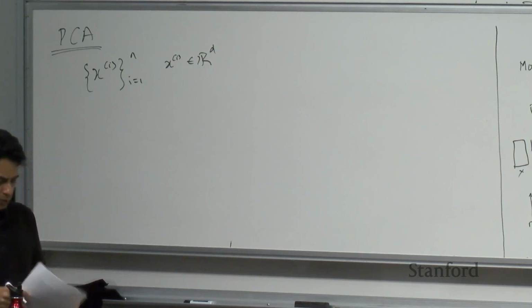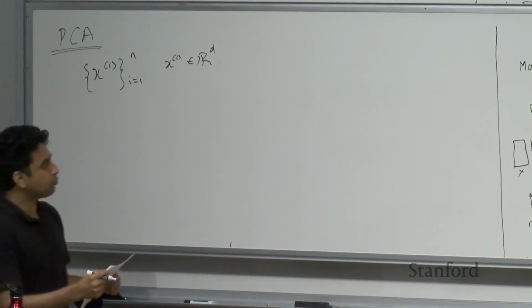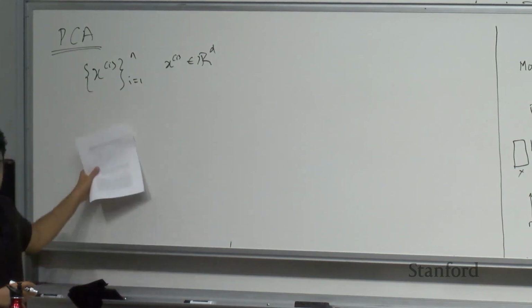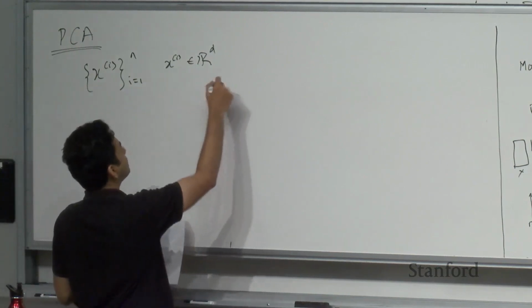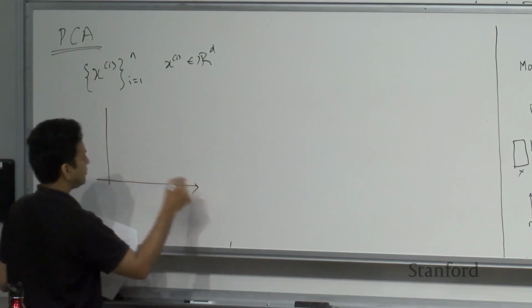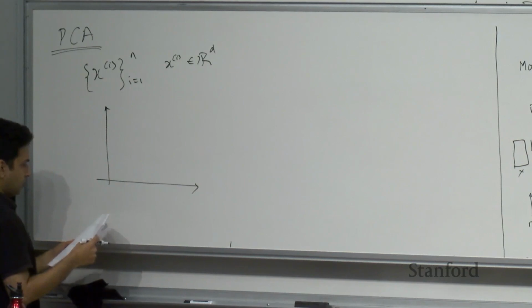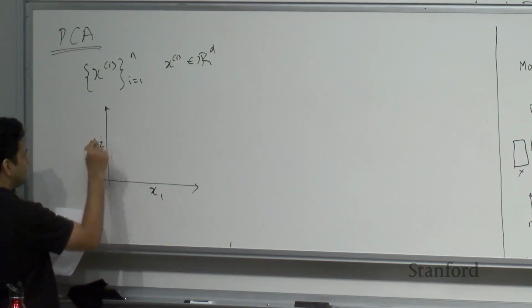And now we want to find out if our data actually lives in a low dimensional space, right? So here's one example. Say this is a data set where we are plotting x1 and x2.